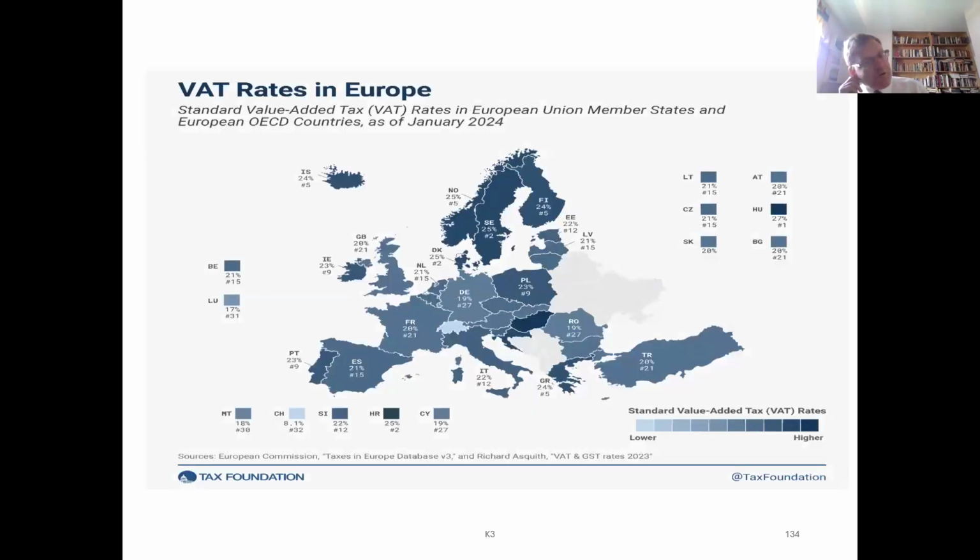VAT rates in Europe, what you can see is that they are quite different. If you look at the Netherlands, 21.5%, potentially. You've got reduced rates there. We've included Norway, which is in the EEA, but not in the EU, at 25%. The UK at 20% is now slightly lower than others. And you'll see other countries like Finland, which increased theirs recently.